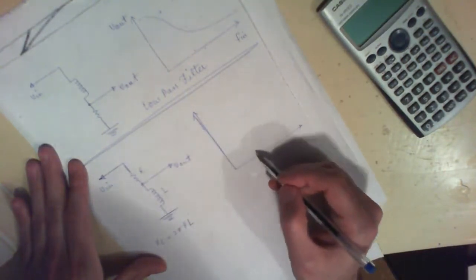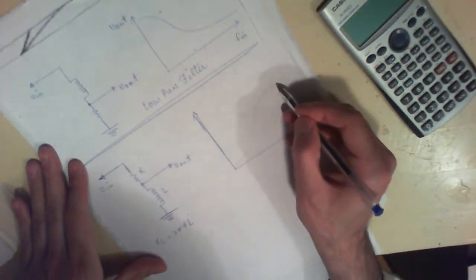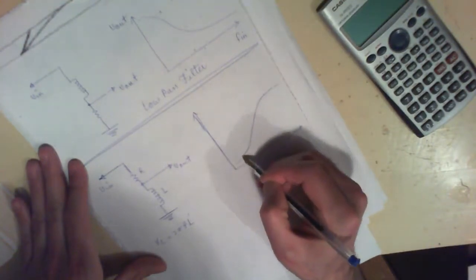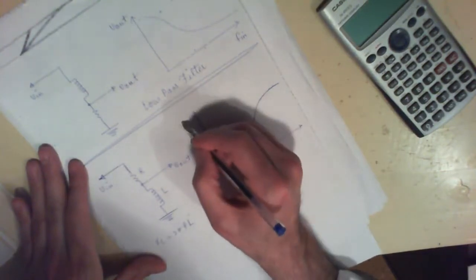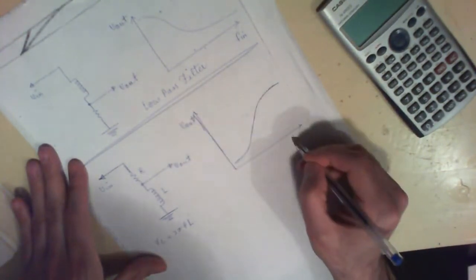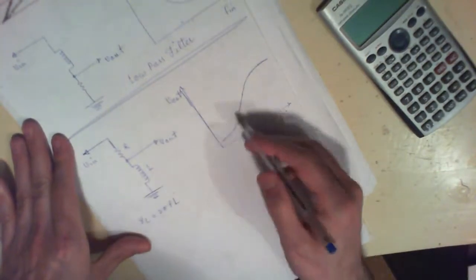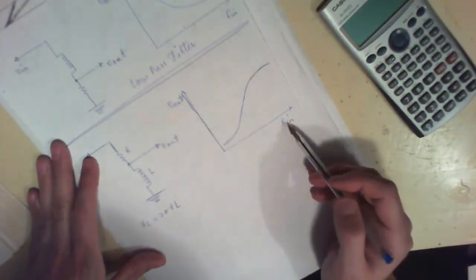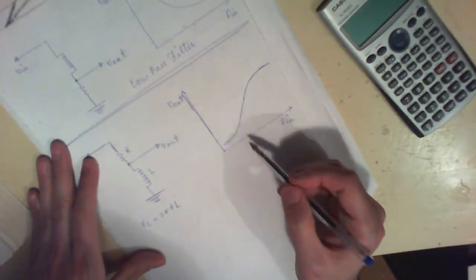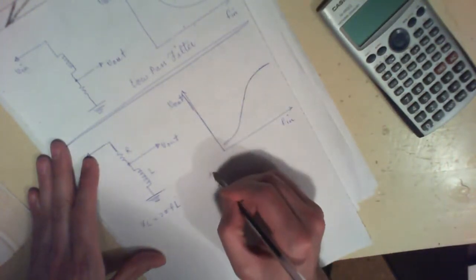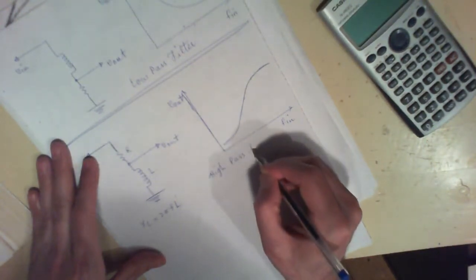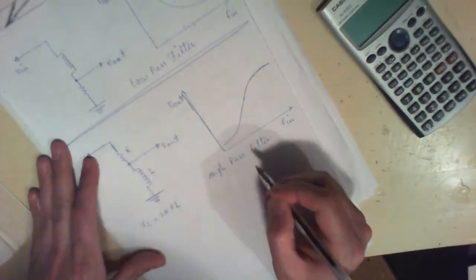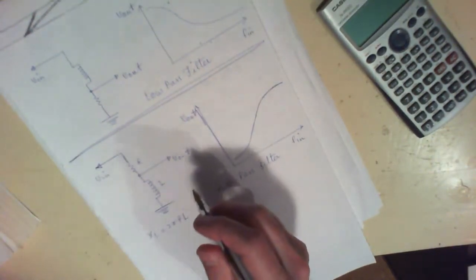So you're going to get something like this. If that is V of out and this is F of in, that's the graph of this circuit, V of out versus F of in, and that's a high pass filter.